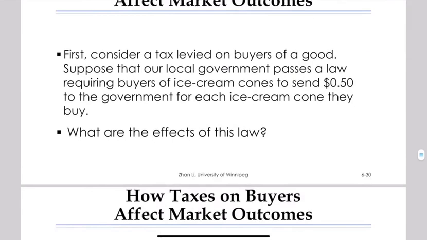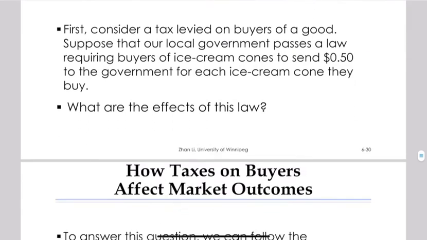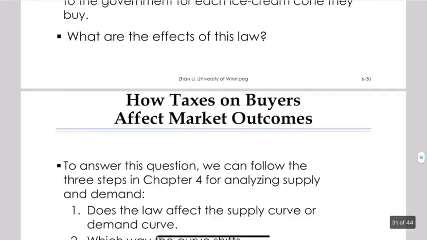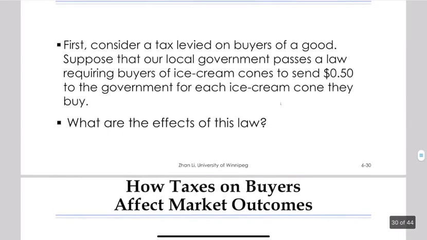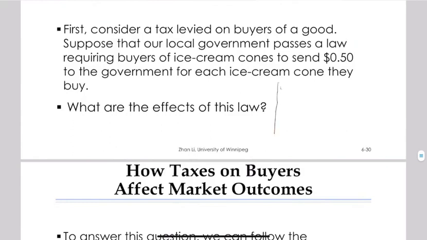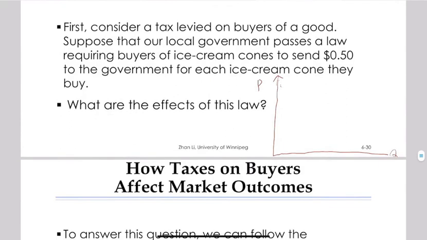So let me see if I could find some place to draw this curve. Okay, I'll draw it here. So let's say this is the ice cream market, right? We have the demand and supply here. Now, the government says, okay, as a buyer, you have to pay this $0.5 tax.